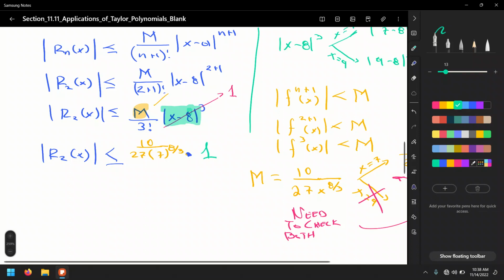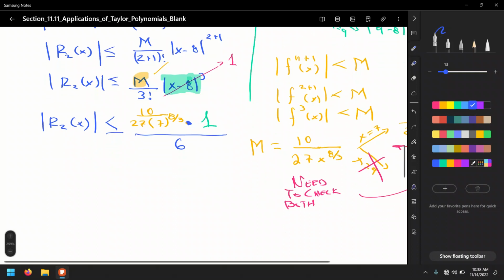I'm going to still write that invisible one and divide that over 3 factorial, which in this case is 6. So let's just rearrange this funky number, this madness here. And that's 10 over 27 times 7 to the 8th over 3 times 6.